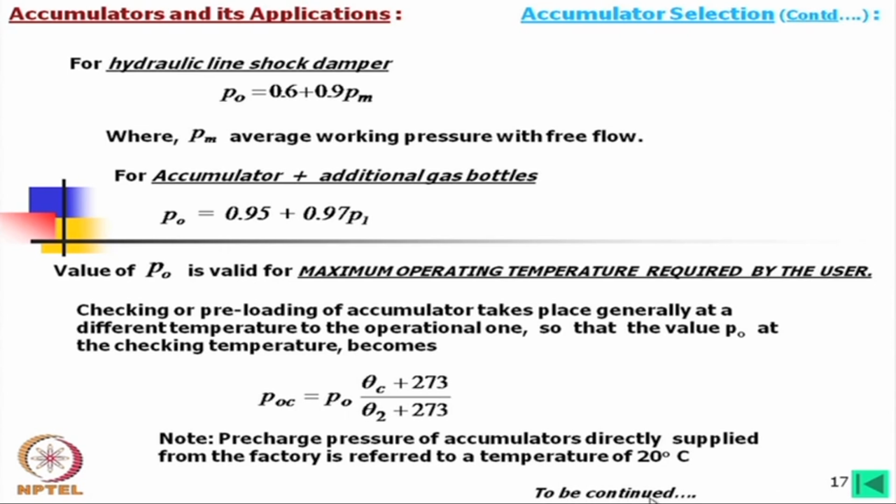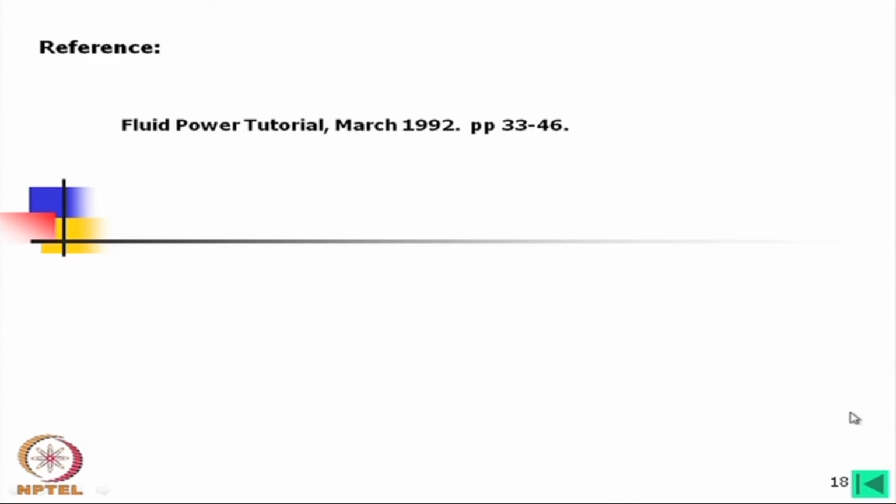Now, this lecture will be continued further. We shall continue over the accumulator selections, and then we solve a problem also, and we will learn more about the accumulator. Now, the reference for this one is a very old tutorial note in fluid power.